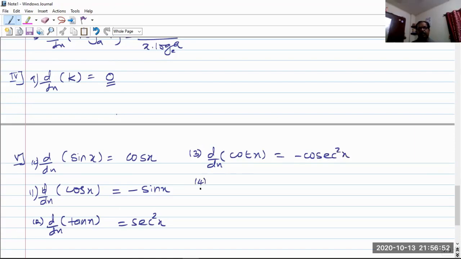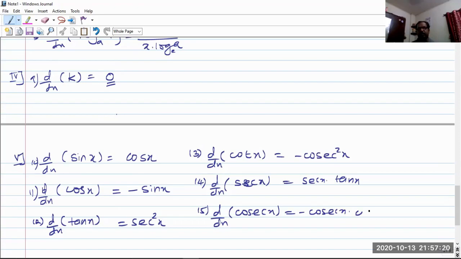After that we have the derivative of sec x, which will be equal to sec x into tan x. And then finally the derivative of cosec x is minus cosec x into cot x, right? So these are the derivatives of trigonometric functions.